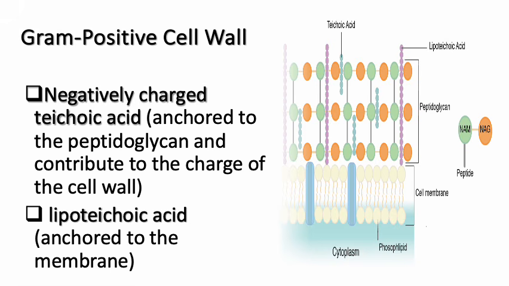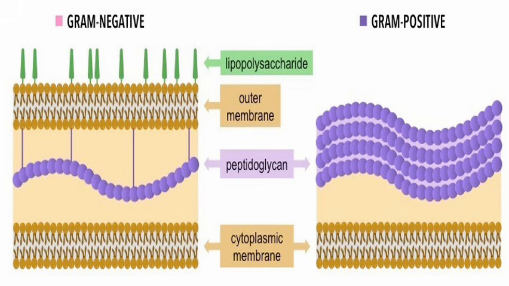As you can see in the illustration, teichoic acid anchors the NAG and NAM molecules, while lipoteichoic acid mainly anchors the whole structure of the cell wall of gram-positive bacteria into its cell membrane. Now, to have an overview, this is a side-by-side diagram of a gram-negative and gram-positive cell wall.